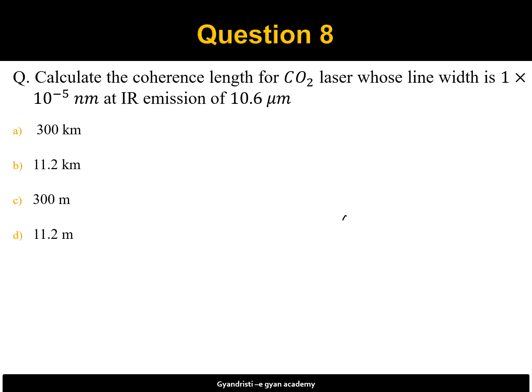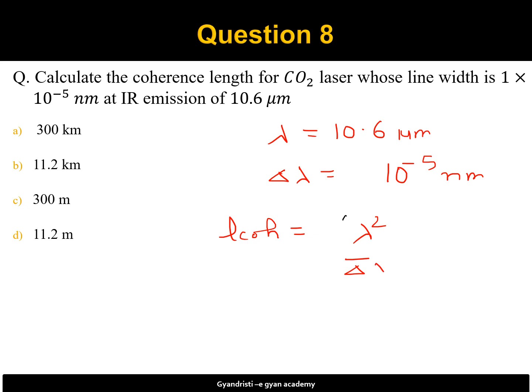In this problem, we have to calculate the coherence length, and the given quantity is wavelength lambda, which is equal to 10.6 micrometer, and the line width is also given, it is 10 to power minus 5 nanometer. And we know that the relation between coherence length and bandwidth is lambda square by delta lambda.